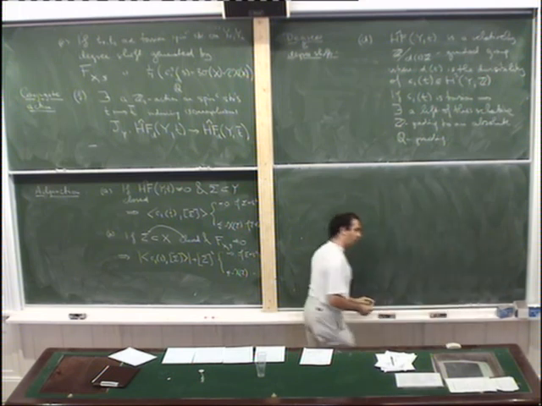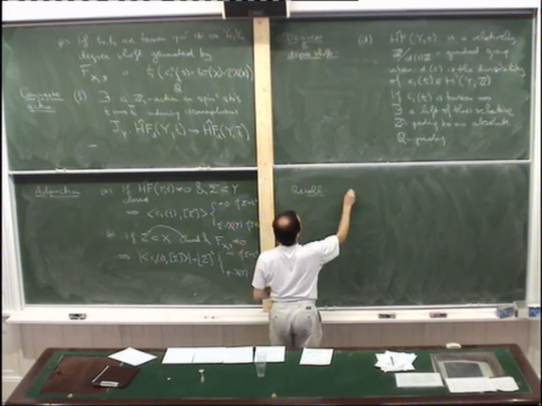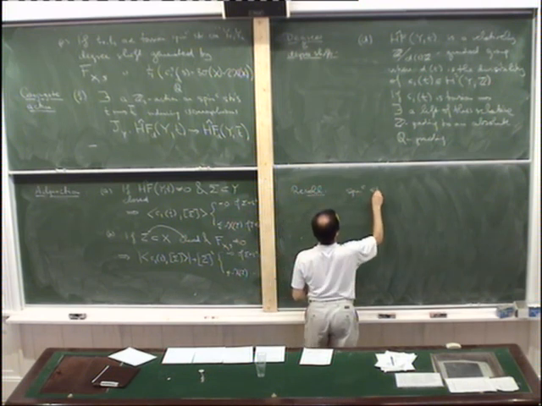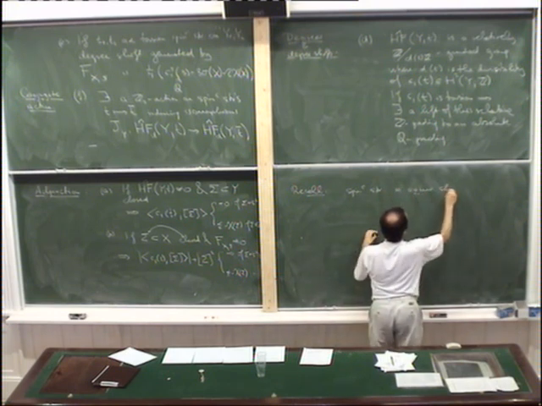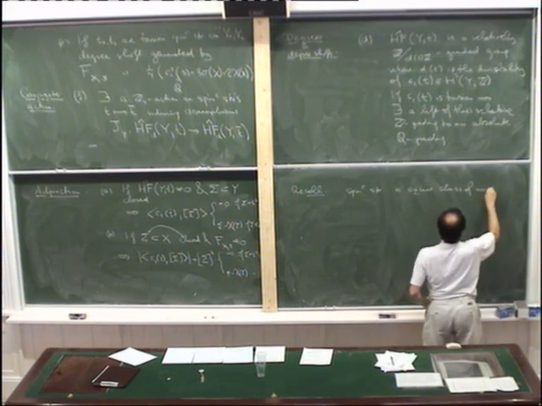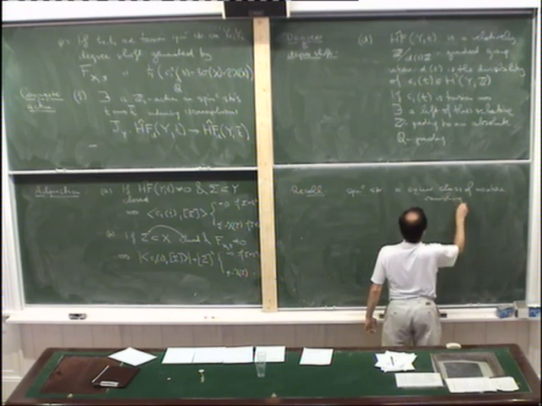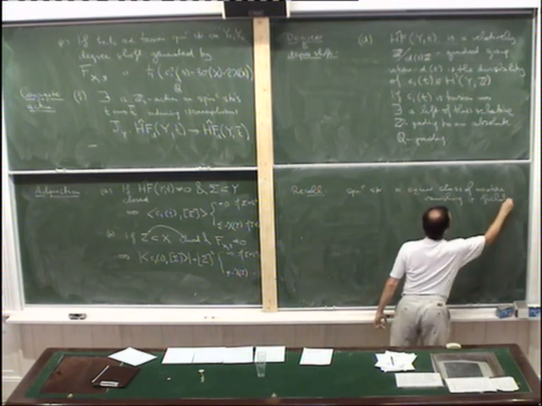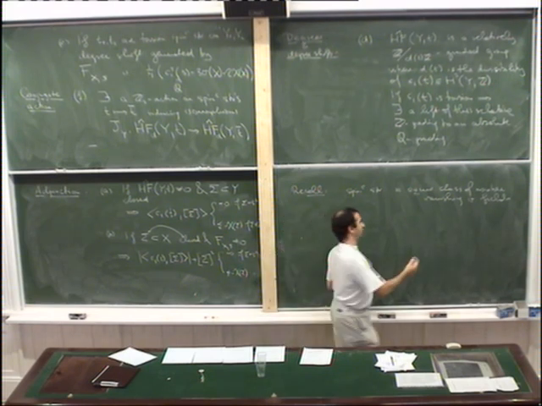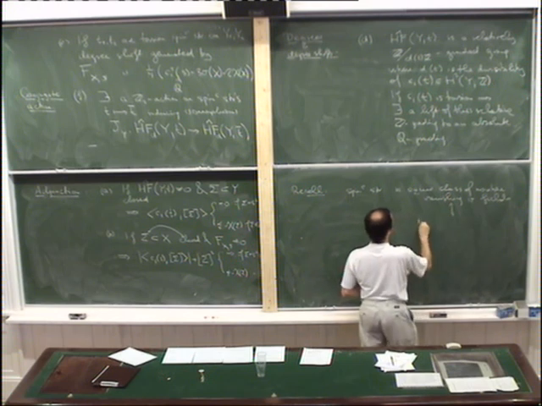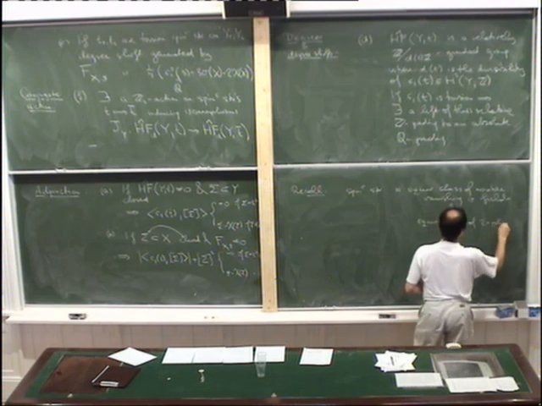So let me just recall what the spin C structure was. Recall, a spin C structure is just the same as an equivalence class of nowhere vanishing vector fields, and you remember the equivalence is being homotopic outside of a ball, which is of course the same as an equivalence class of two-plane fields.